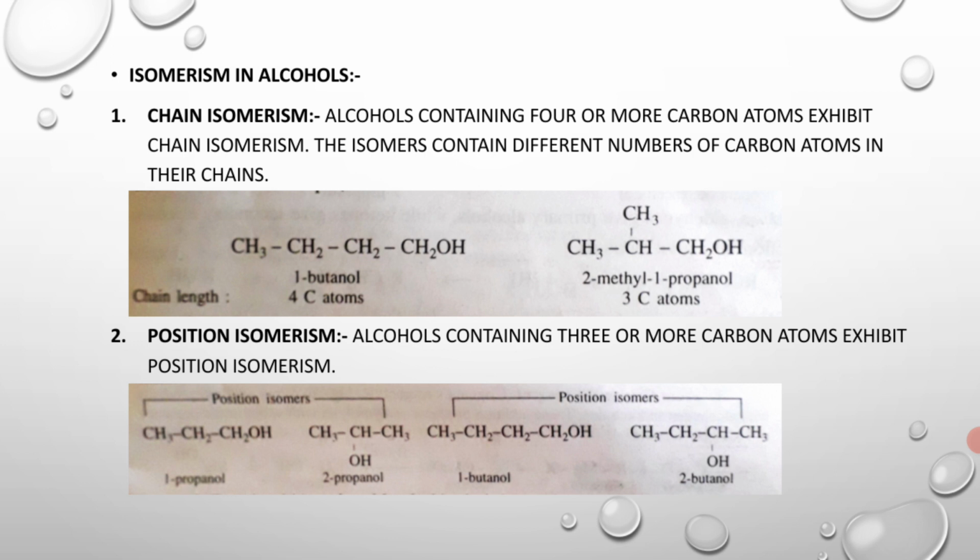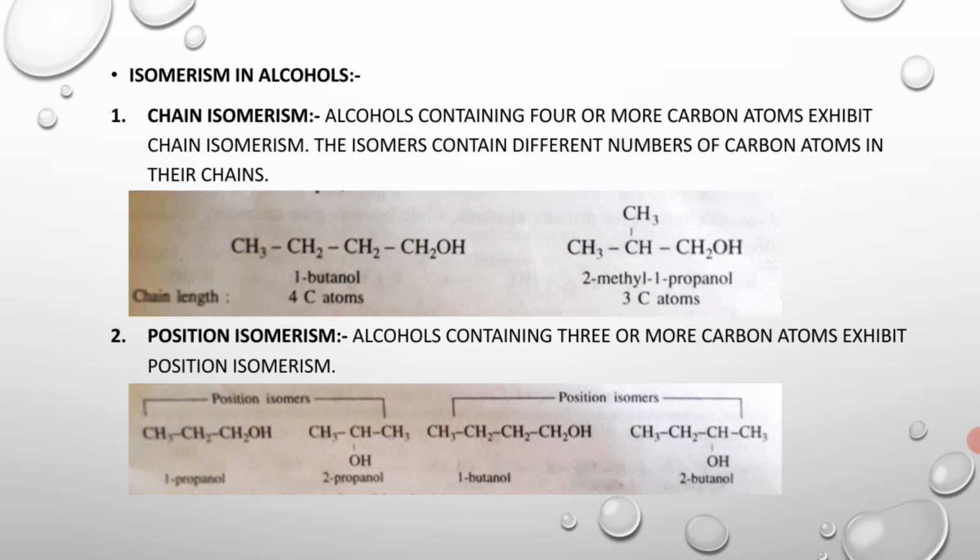Again we have position isomerism. Alcohols containing 3 or more carbon atoms exhibit position isomerism. The hydroxyl group, that is the functional group, can be attached to different carbon atoms in the carbon chain, and that gives this property, the position isomerism.